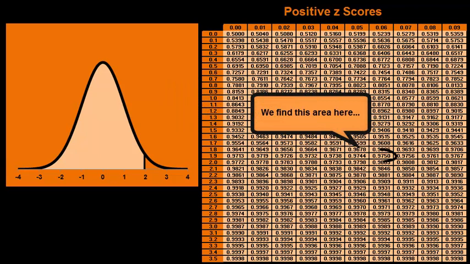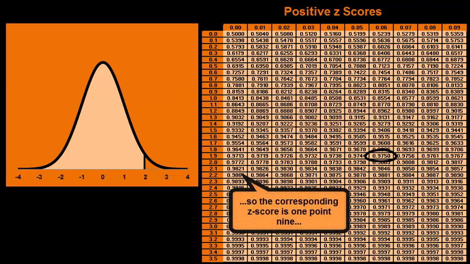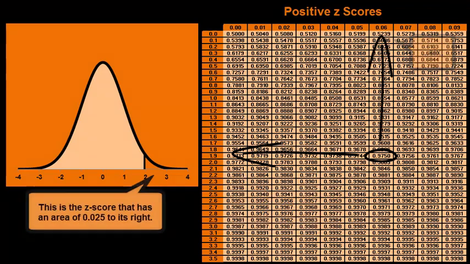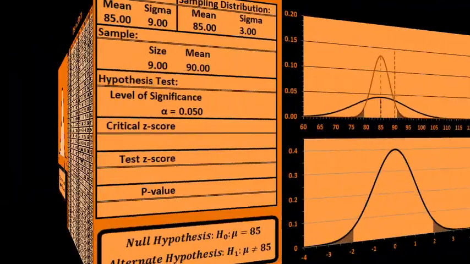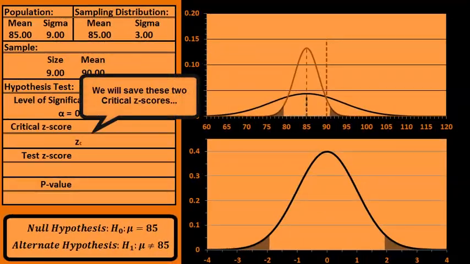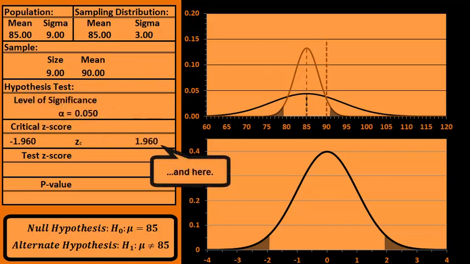We find this area here. So the corresponding z-score is 1.96. This is the z-score that has an area of 0.025 to its right. We will save these two critical z-scores here and here.